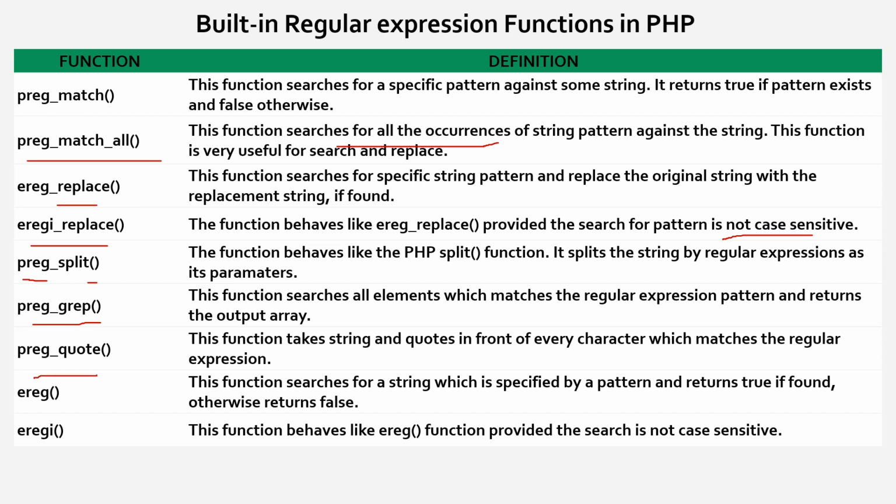Then preg_quote takes a string and puts a backslash in front of every character which matches the regular expression. Another one is ereg.